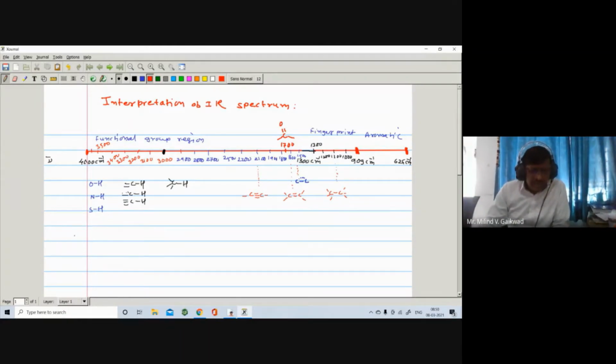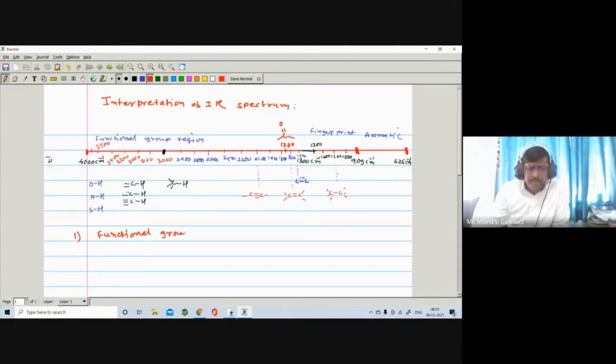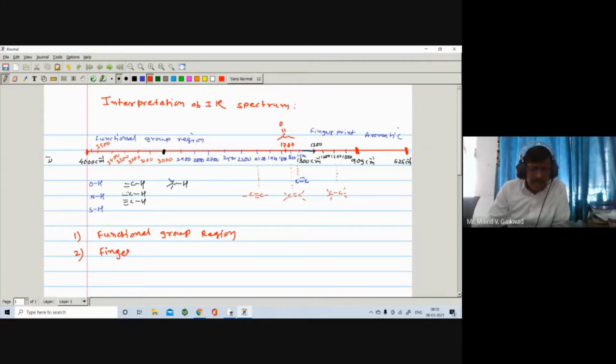So we have seen the first point, the functional group region. Now next is the fingerprint region. What is the range for this one?